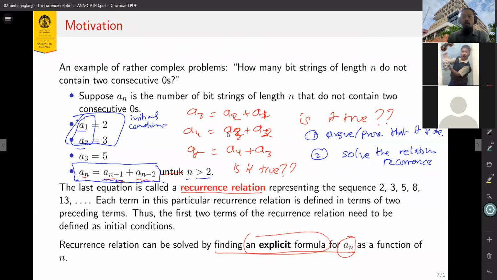It is a formula without using the other terms in the sequence. So you want to find a formula such that a_n is equal to something, where this something does not contain a_(n-1), does not contain a_(n-2), does not contain a_2, does not contain a_0, and so on. So it's an explicit formula. We'll see an example later.